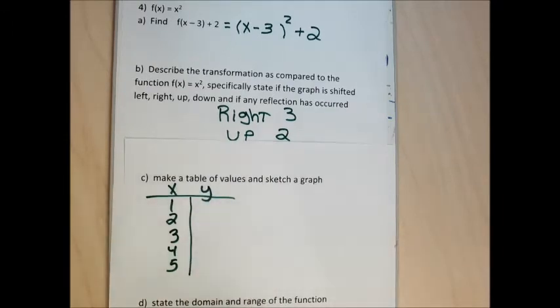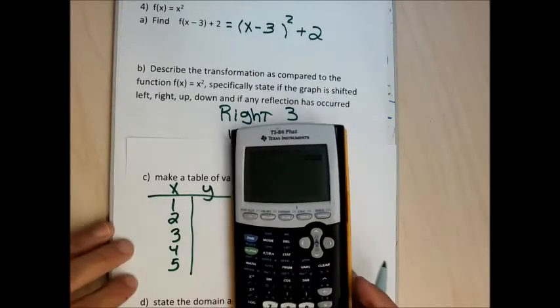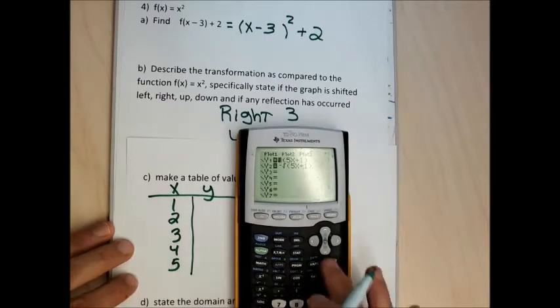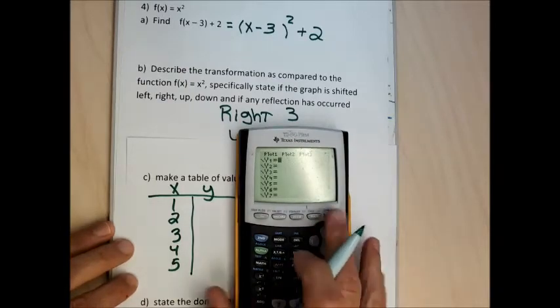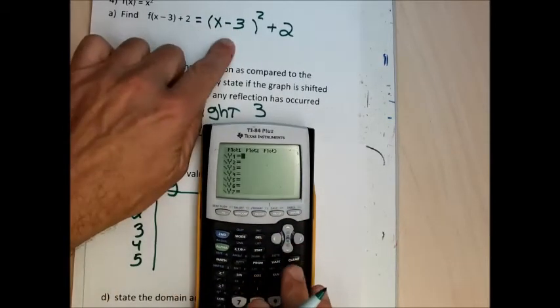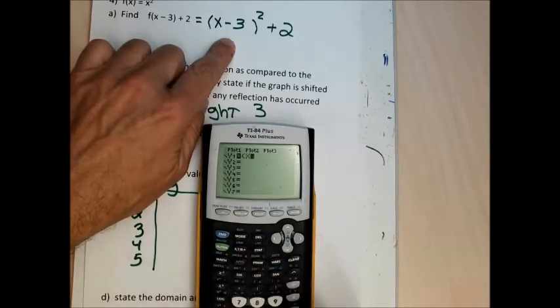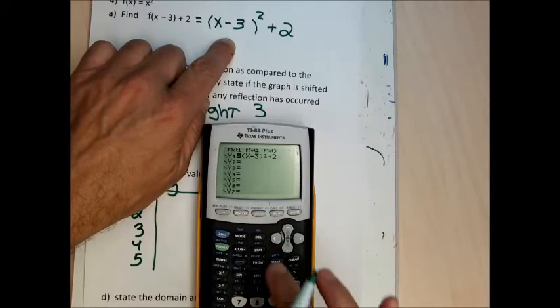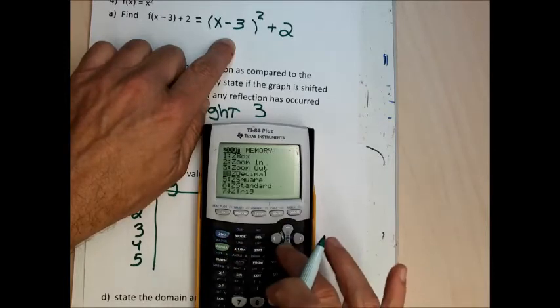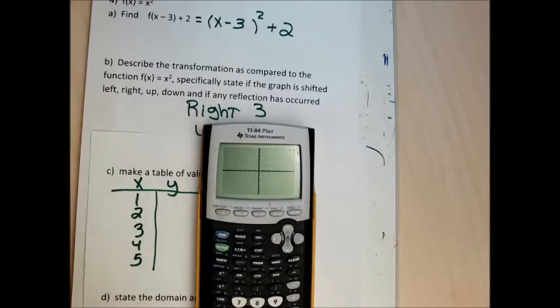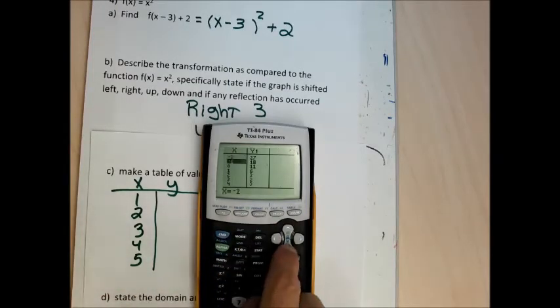And I'm going to be lazy and use my calculator to get the y's. So I'm going to, on my calculator, put this function, x minus 3 squared plus 2. I'm going to do a zoom standard. That's what the graph should look like. And I'm going to get the values for my table by just going second table.